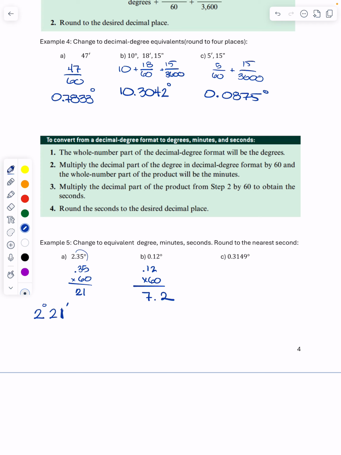Okay, now, the 7 is my minutes part. So this is 7 over 60. This 0.2, I'm going to multiply by 60 again. I've already multiplied by 60 once, so I don't need to multiply by 3,600. I've multiplied by 60 once. I've multiplied by 60 again. It gives me 12.